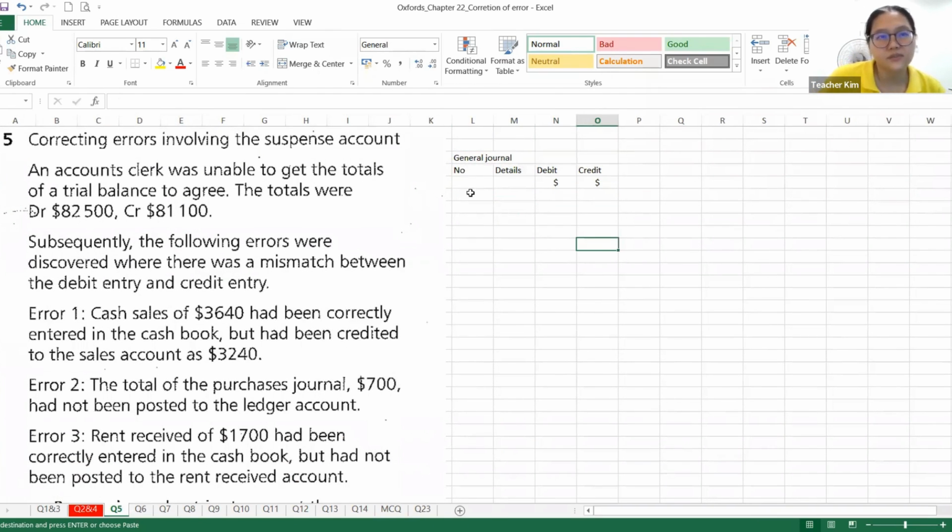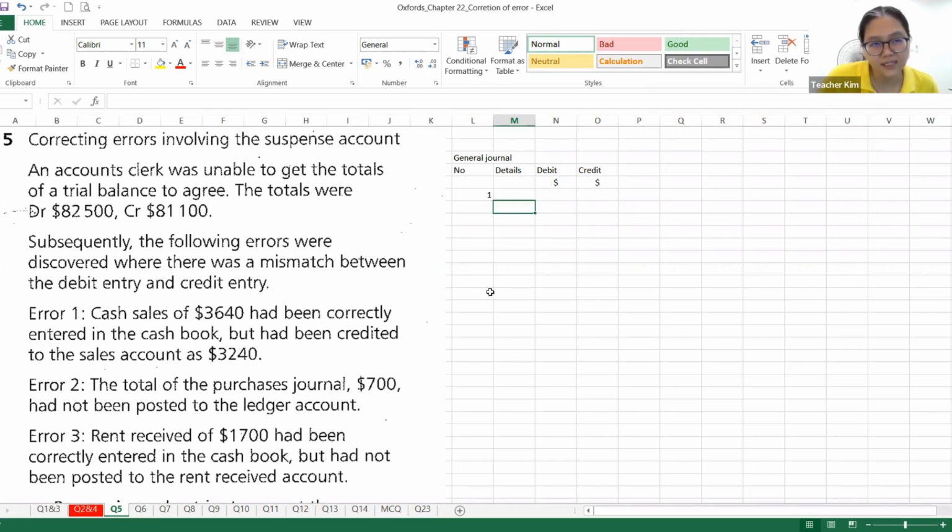Okay. So the first error is they say that cash sales of 3,640 has been correctly entered in the cash book, but has been credited to the sales account as 3,240.